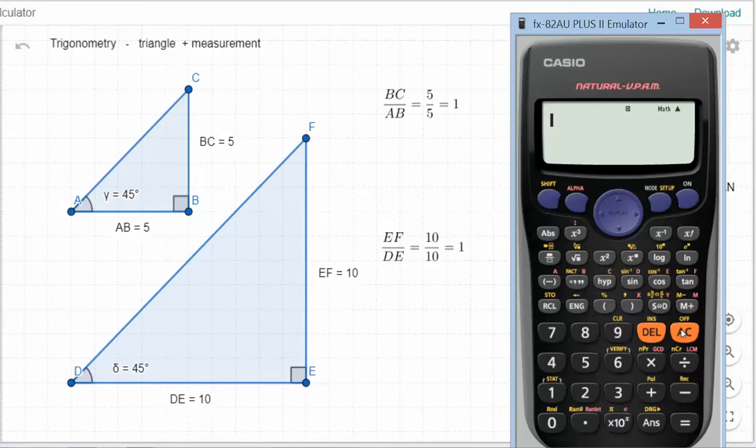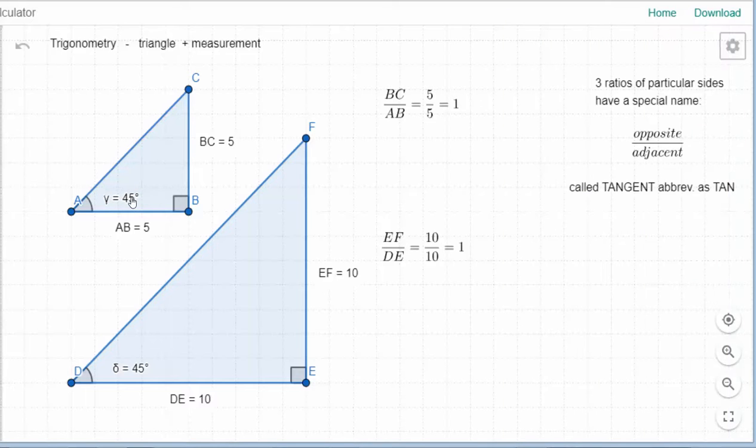And if you want to work out what is the angle that corresponds to a tan ratio of 1, we use the shift tan key, which gives us the inverse tan. Type the ratio and hit equals, and it gives 45, which matches the angle you have on the screen.